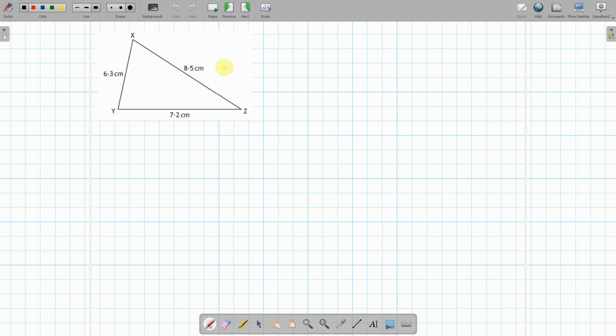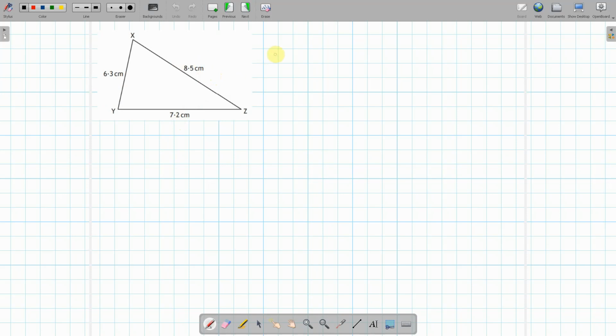Is it going to be the sine rule or is it going to be the cosine rule? Now, in order for the sine rule to work, you must have at least one angle. In this case, we don't have any angles at all. All we have is three sides, which means we can rule out the sine rule right away.